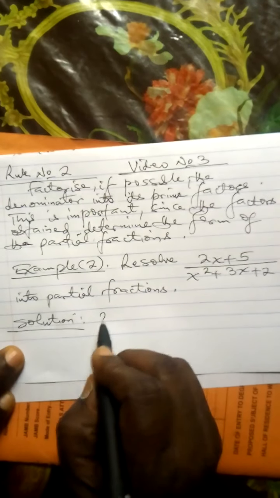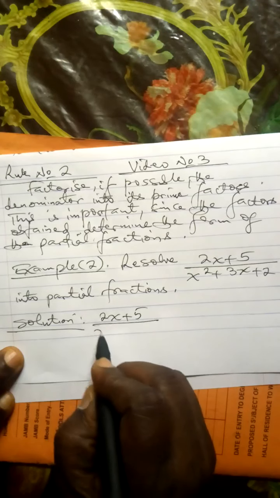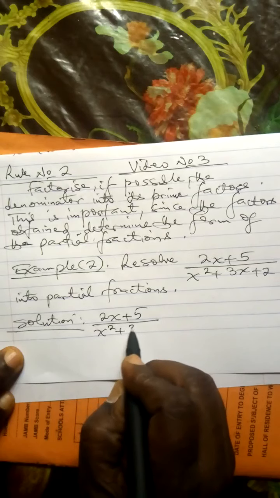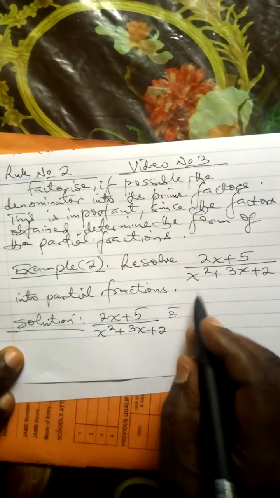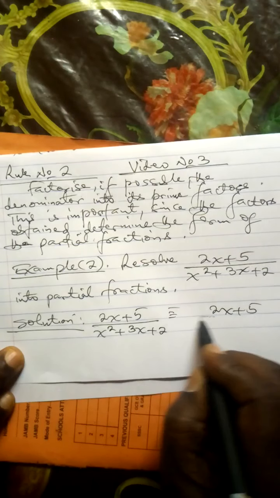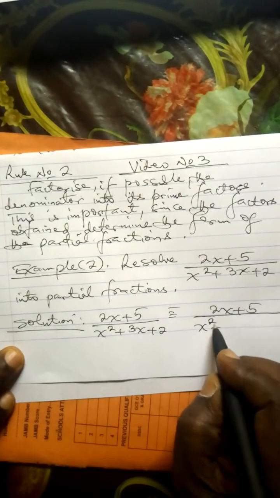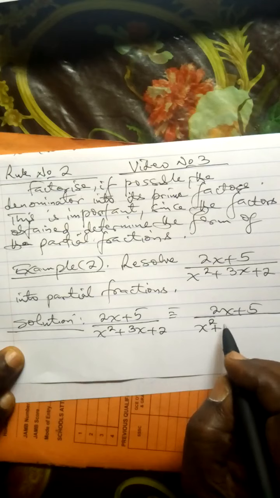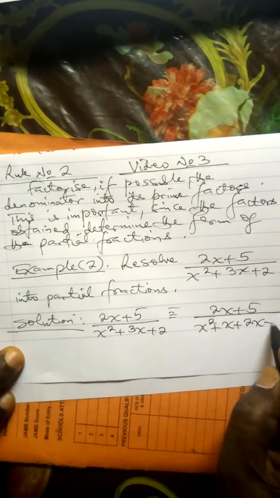Solution. 2x plus 5 over x squared plus 3x plus 2 is equivalent to 2x plus 5 over x squared plus x plus 2x plus 2.